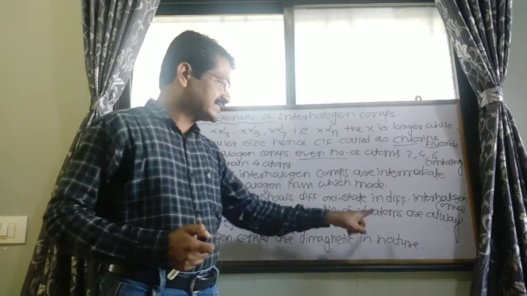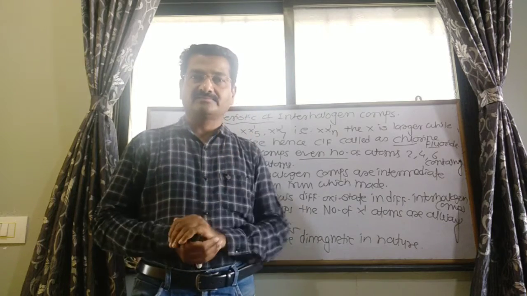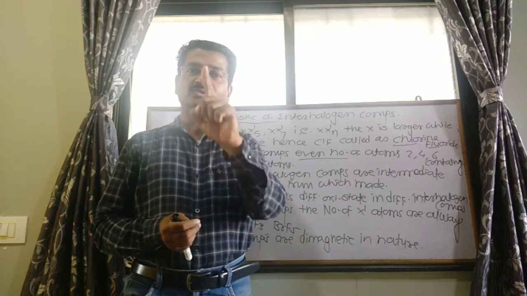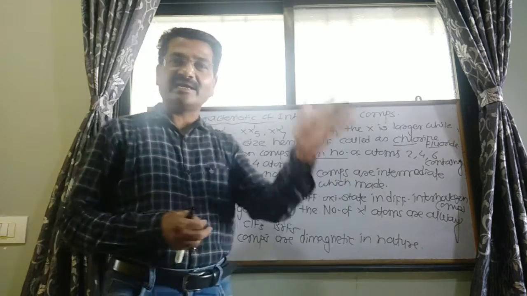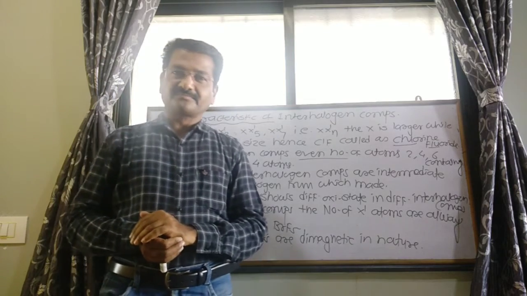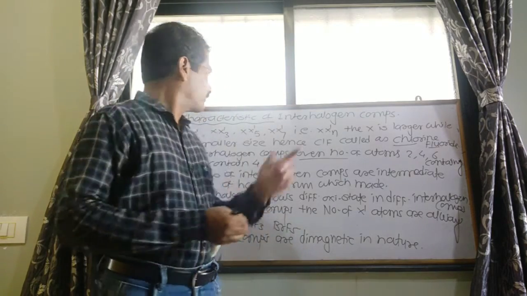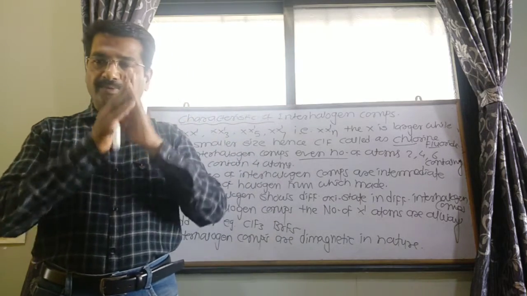The number of X dash atoms is always odd, that is 1, 3, 5, 7. And last, interhalogen compounds are diamagnetic in nature. So all these are the characteristics of interhalogen compounds.